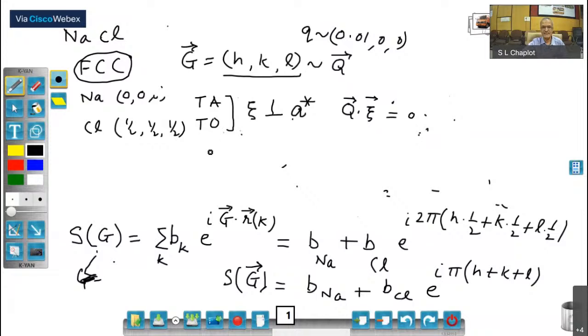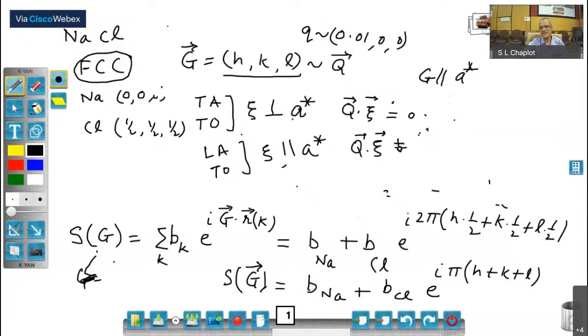On the other hand, if these are longitudinal phonons, then xi is parallel to a star, assuming that g is parallel to a star, like 200, 300, then q dot xi will not be 0. It may be 0 because of some other phase factors, but not because of this.